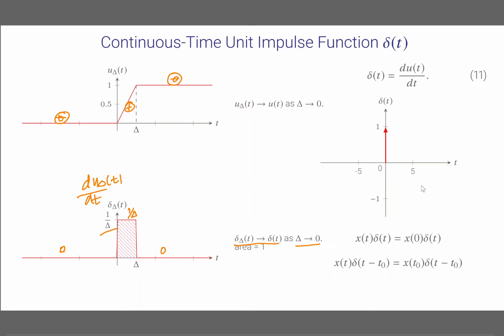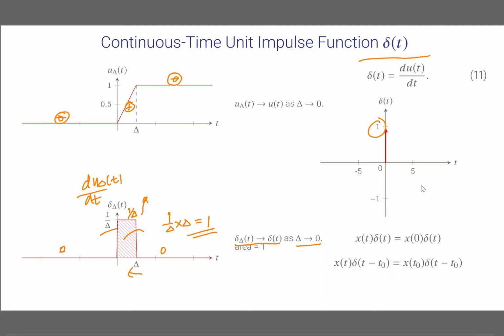But see, what is the area here? Area is 1 over delta times delta, that is equal to 1. So when delta decreases, the height will increase, the width will decrease, but the area will remain as 1. So that area is represented by this 1 over here. It's not the height of this delta(t), the height is infinity actually, but we represent the area over there. It's a very peculiar representation.